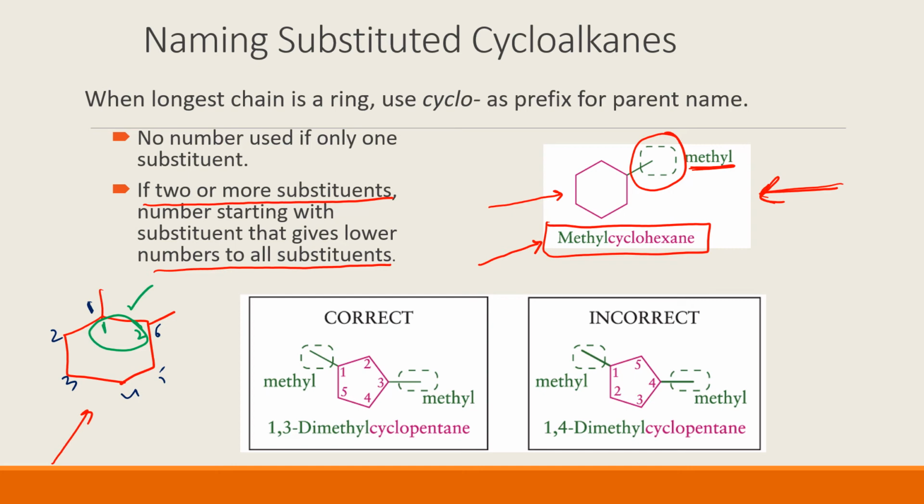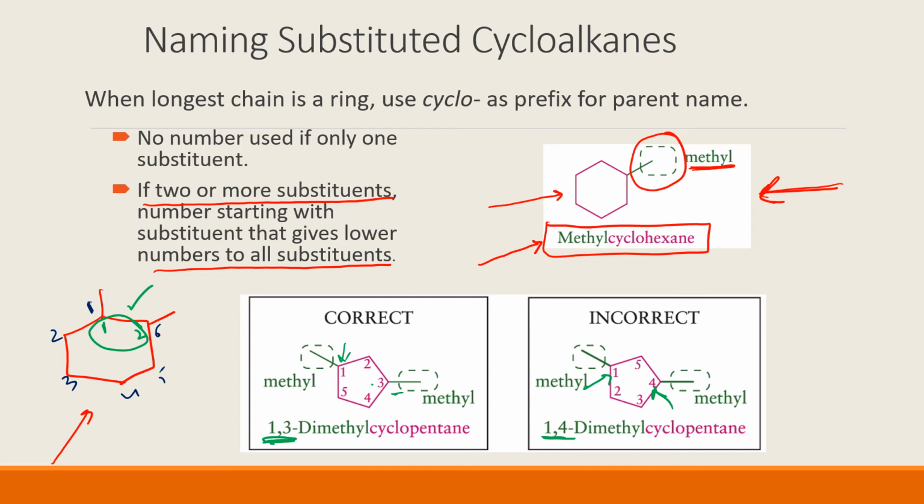A similar example is shown here. We can start with number 1 here and go clockwise. The other substituent gets number 3 position. But if we number from the anti-clockwise direction, now we are getting number 1 and number 4. So 1 and 3 is correct rather than 1 and 4. Once we identify the locator numbers, we assemble them together similarly to the way we did in branched alkanes, as described in the previous slide.